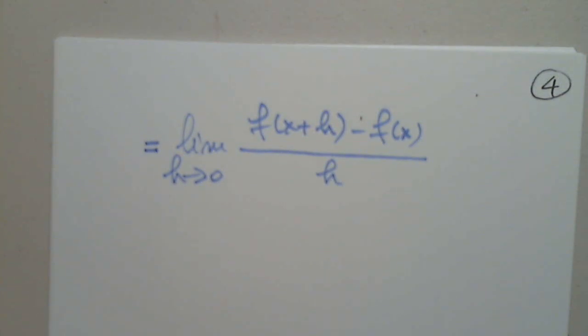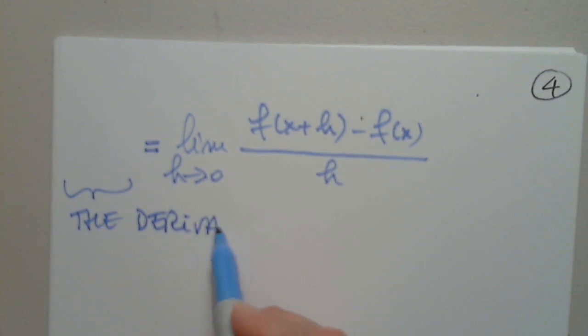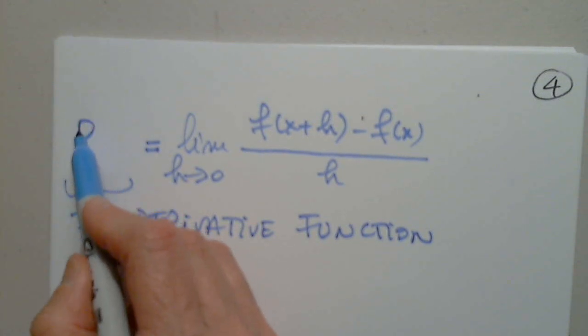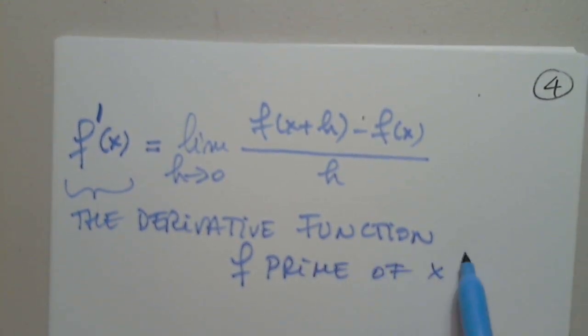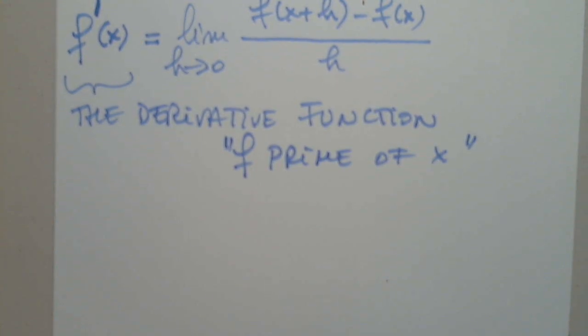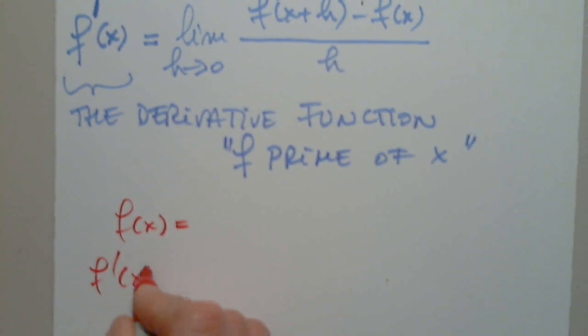This is exactly the derivative function f prime of x. So this is the derivative. This is the definition of the derivative function. So now invent a function, and let's find its derivative.